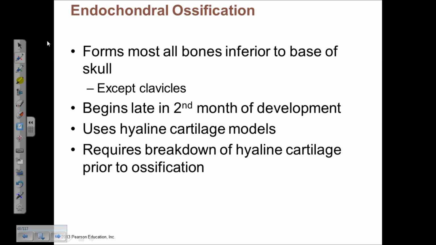Let's talk about endochondral ossification first. Most of the bones below the cranium, except for the clavicle, are formed as the result of endochondral ossification. So hyaline cartilage that comprises the skeleton of the baby, well, not yet baby, is kind of a model for the bone development.